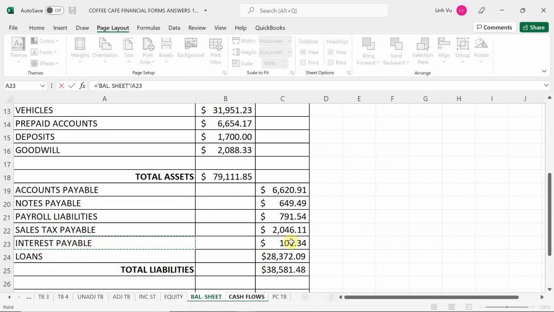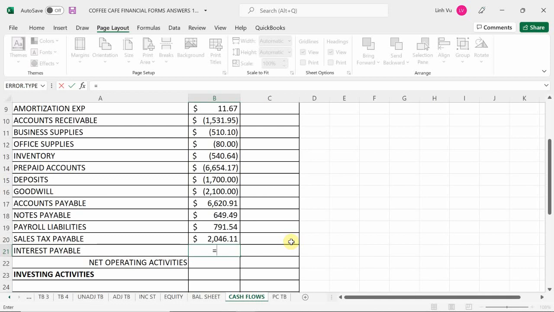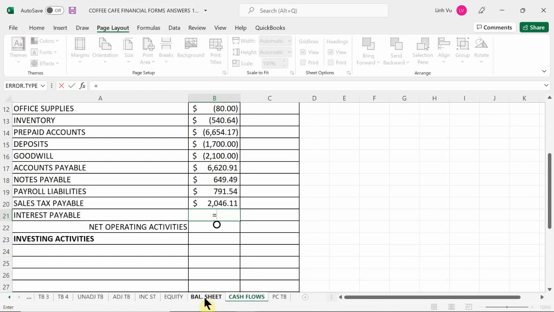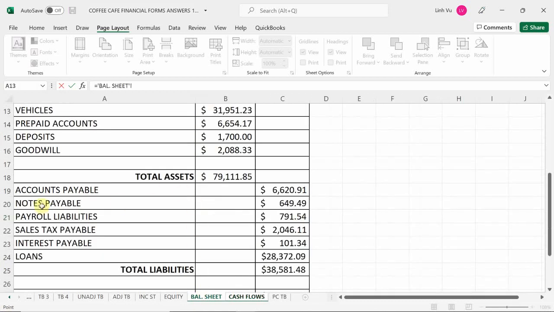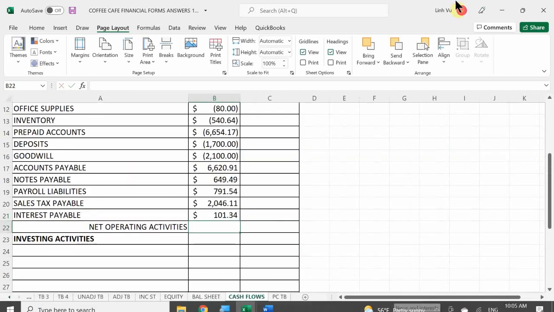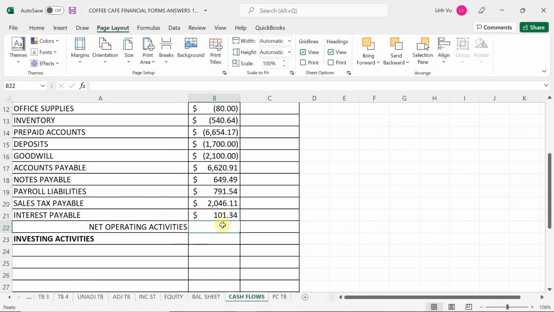In this case, no, because we just calculated and accrued it, but we still haven't paid our liabilities yet because instead we just recorded the bill. So I haven't paid my interest payable yet. So in this case, I still have that $100.34. Okay?